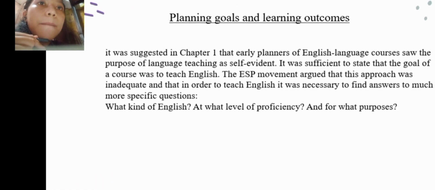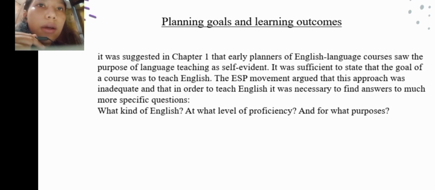Next, planning goals and learning outcomes. It was suggested in Chapter 1 that early planners of English language courses saw the purpose of language teaching as self-evident. It was sufficient to state that the goal of a course was to teach English.